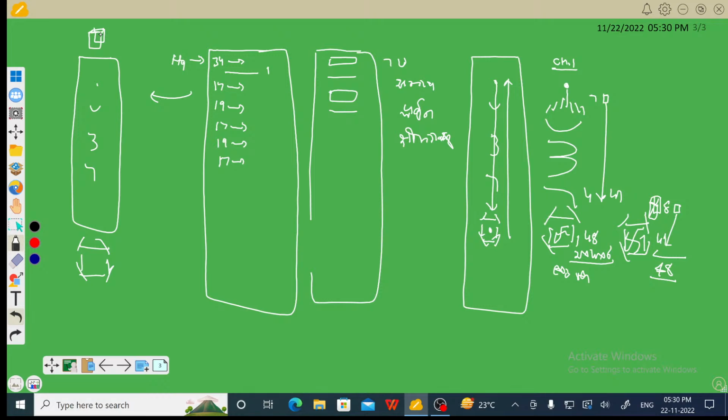So it is this format which, in respect of the first chapter, is going to be of this format.